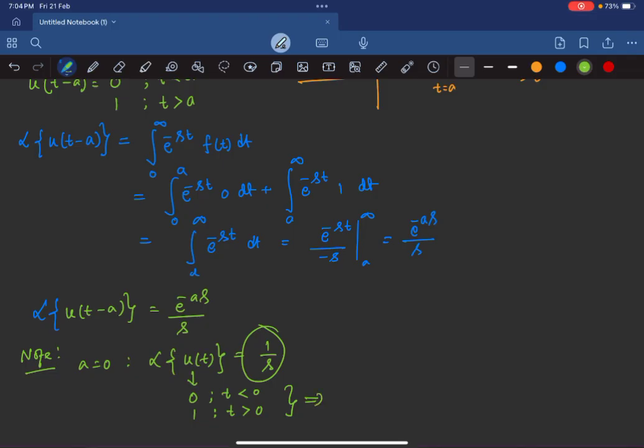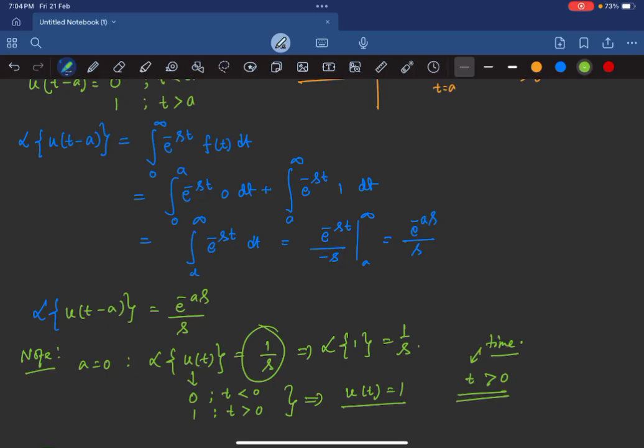You are taking a equal to 0, so basically u(t) is equal to the function 1 for t greater than 0. Obviously t is greater than 0, by default in the definition, since in the Laplace transform definition you consider t as time. So the Laplace of 1 is equal to 1 by s. Like this, you have the formula for the unit step function.